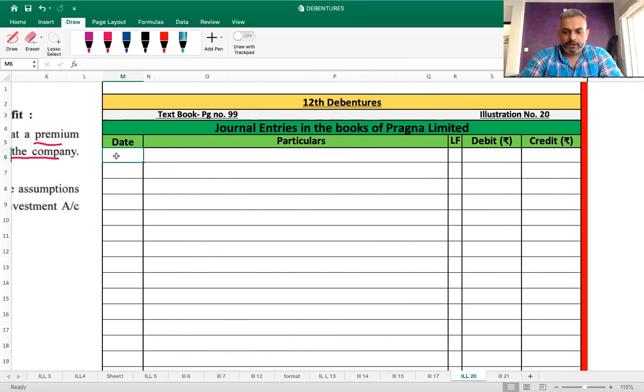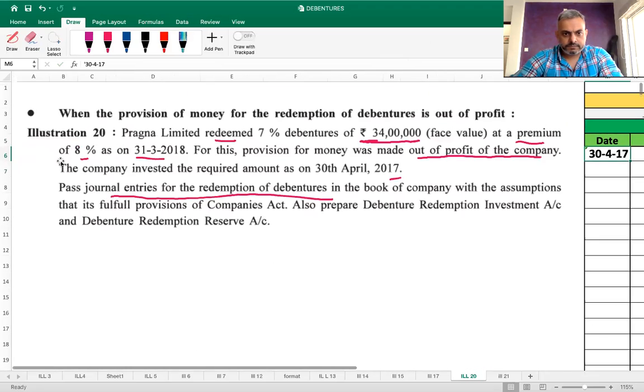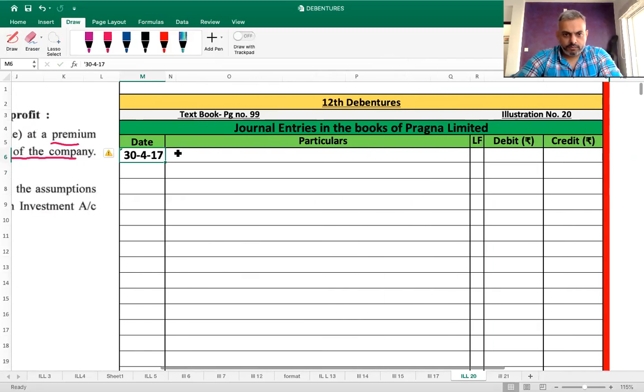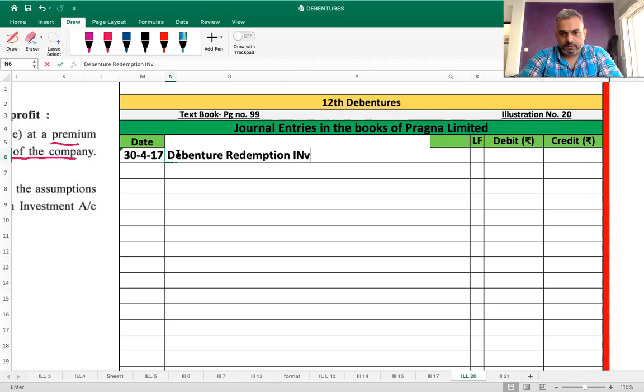So on 30th April 2017, we are going to make the investment. Debenture redemption investment account, debit, to bank account.